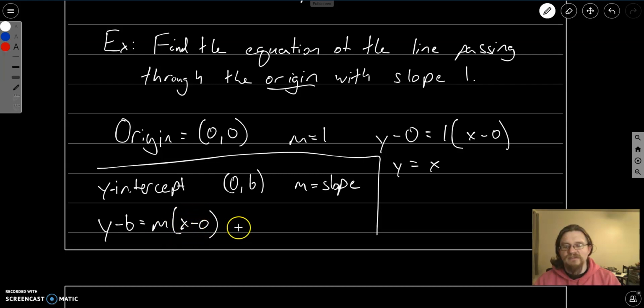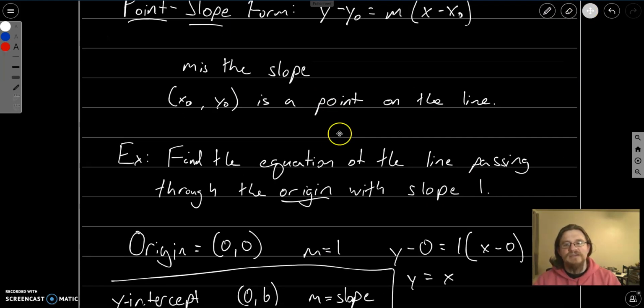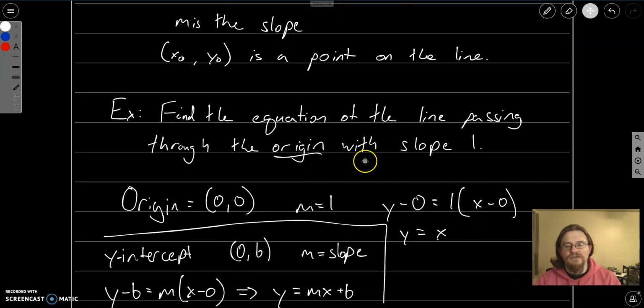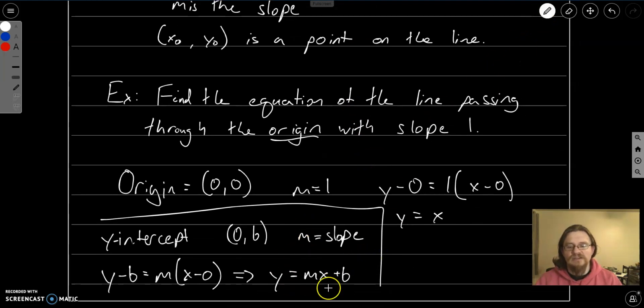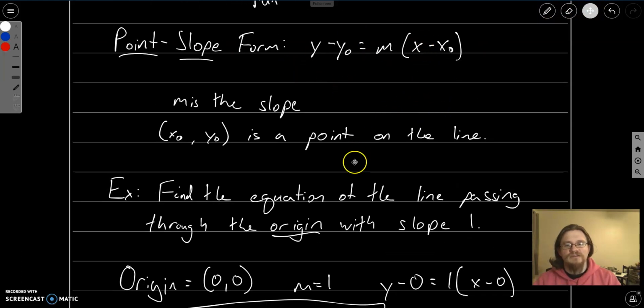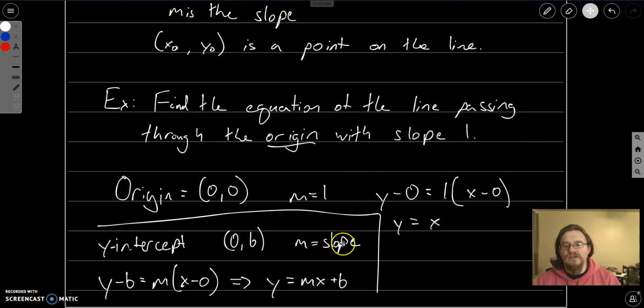And if you simplify this, this becomes y is equal to mx plus b. So these are essentially the same equations for the same sorts of lines, the same information in there. This one is slightly more general, and we get y is equal to mx plus b if we use the y-intercept as the point along the line.